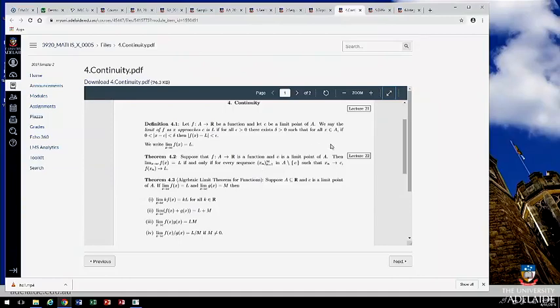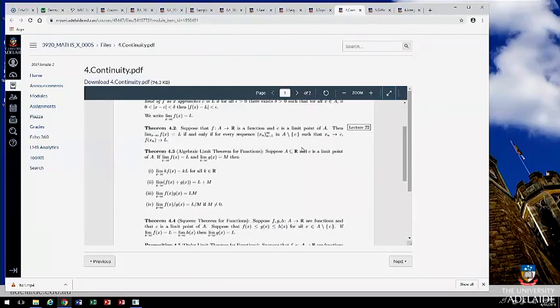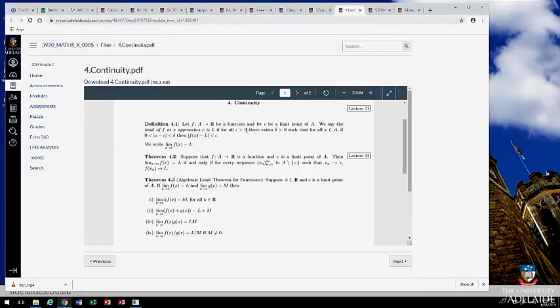But if you had a set which was a union of disjoint points, there's no limit points anywhere in that set, like the natural numbers. So you can't really define the limit of a function on a set like that. I will process that in a minute.